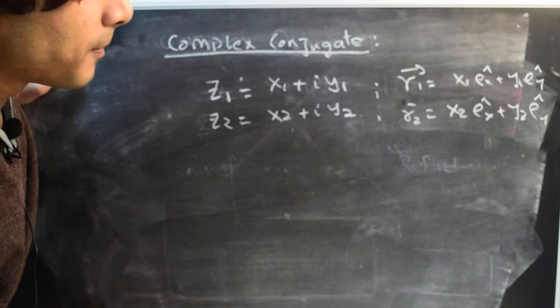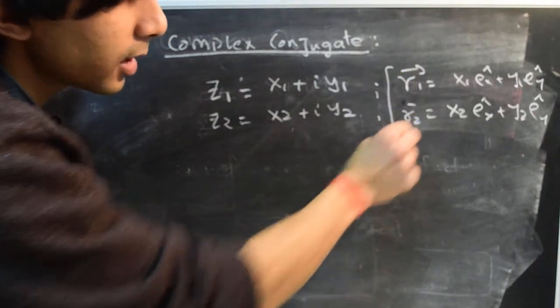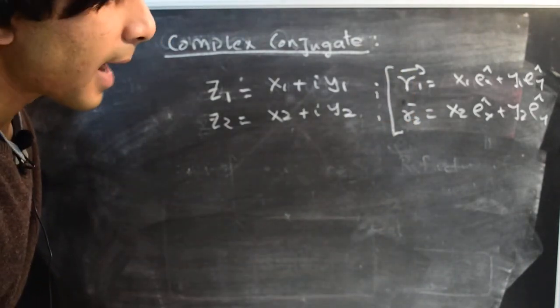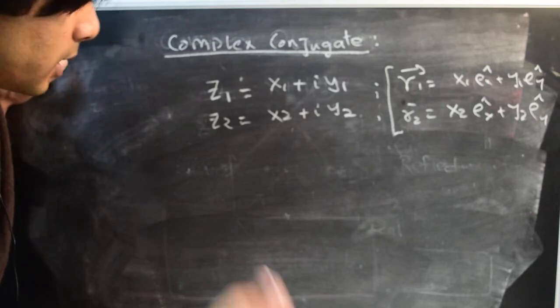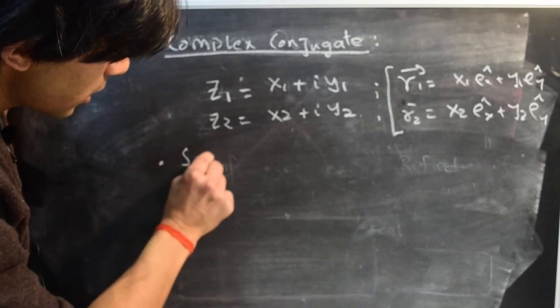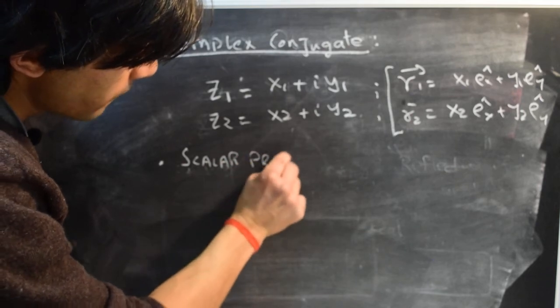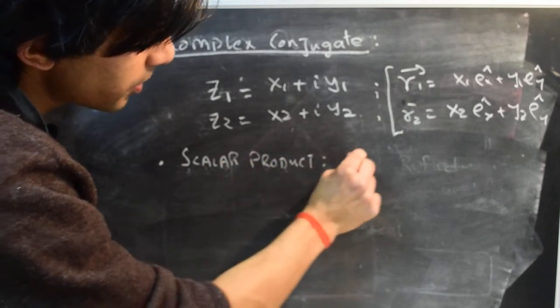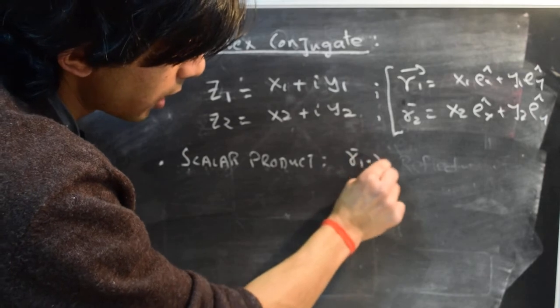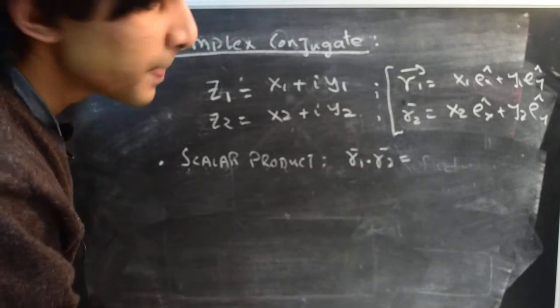Okay. So let's first see what is the scalar product of these two vectors and the vector product of these two vectors. So let's talk about the scalar product. Scalar product is r1 dot r2, right?